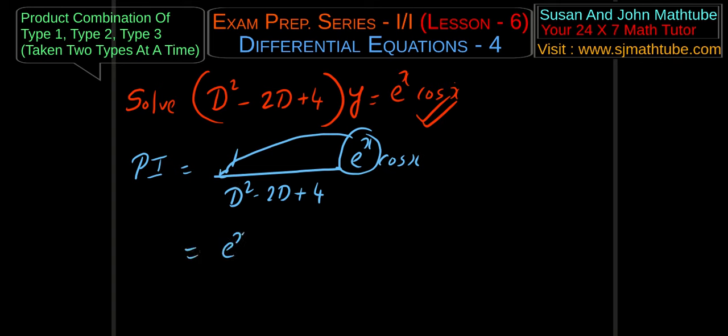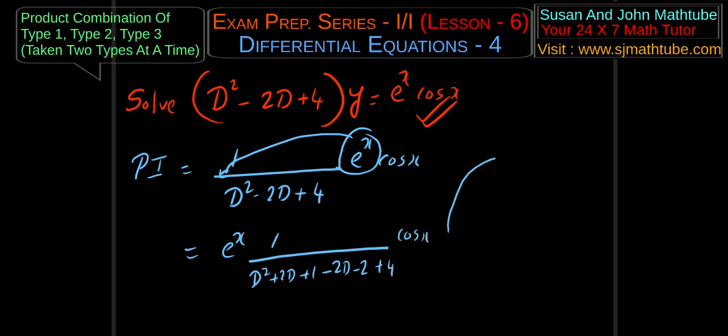So we get e power x 1 by, when I put 1, D plus 1, I'll get (D plus 1) the whole square, D square plus 2D plus 1 minus 2 into (D plus 1). So minus 2D minus 2 plus 4. And that gives us e power x 1 by, so this 2D and 2D will get cancelled, and 5 minus 2, so we're going to get D square plus 3.